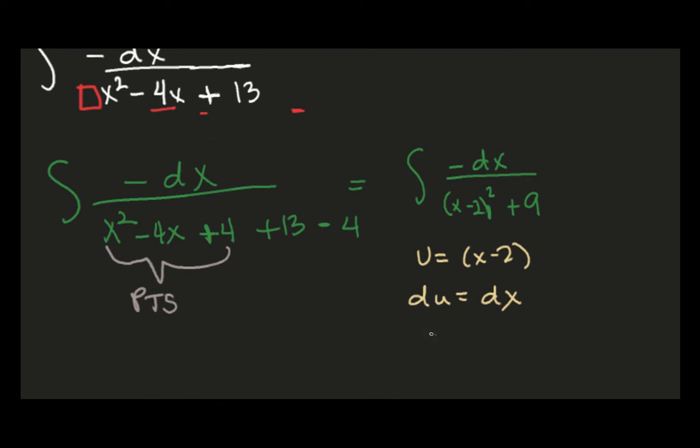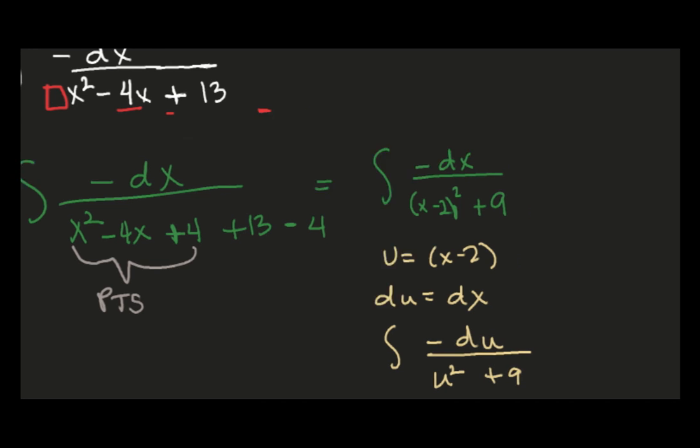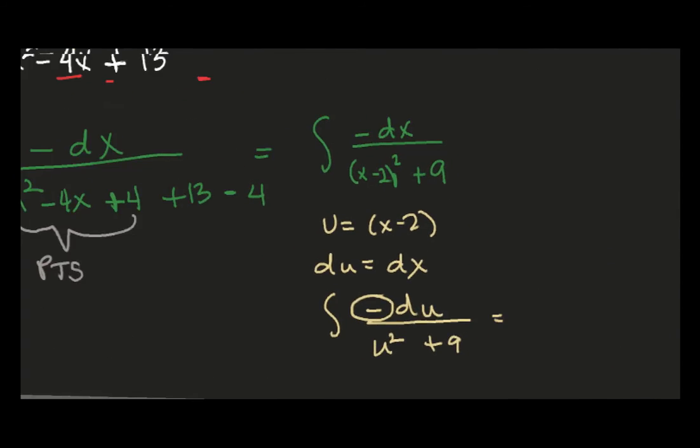And you're going to get, oops, that should be u up top. Oh no, I'm getting dizzy. All right, so yeah, it'd be negative arctangent. So negative 1/3.